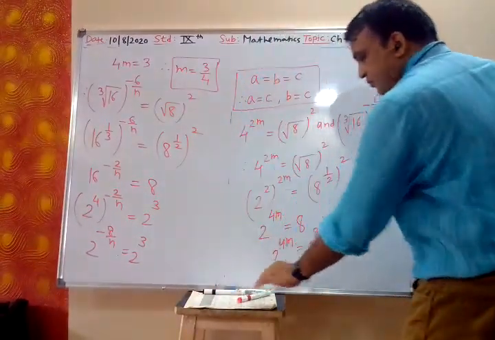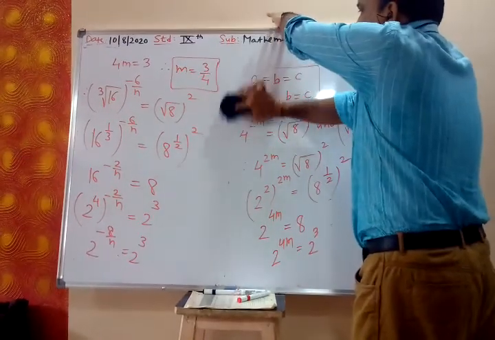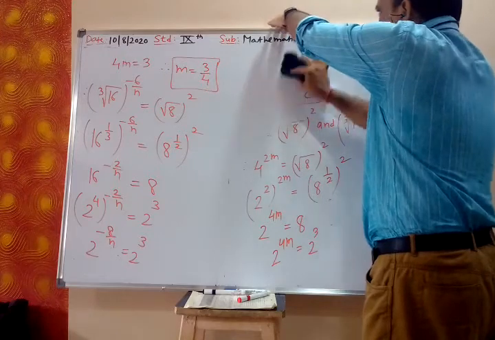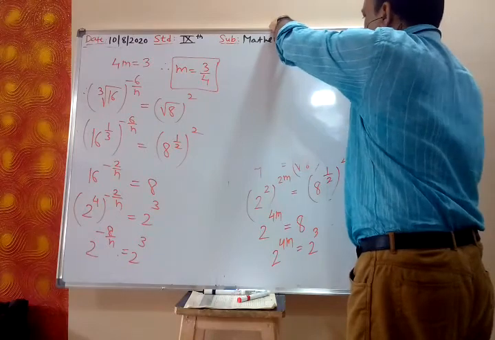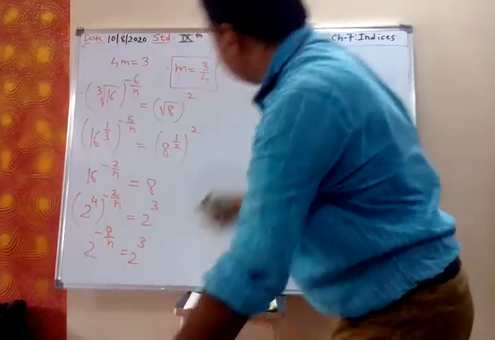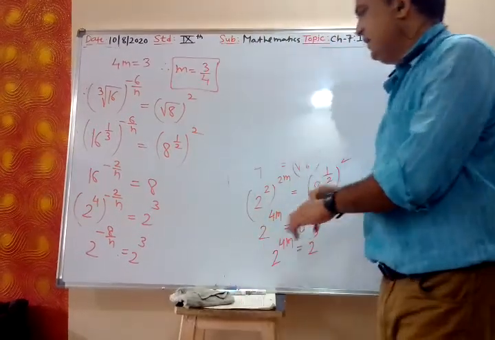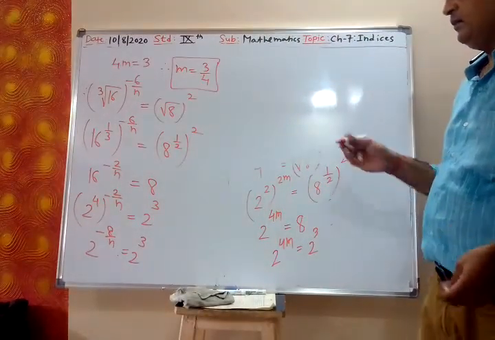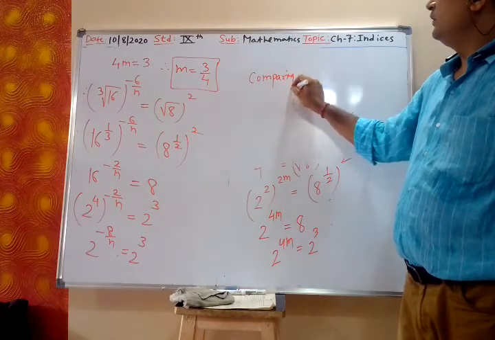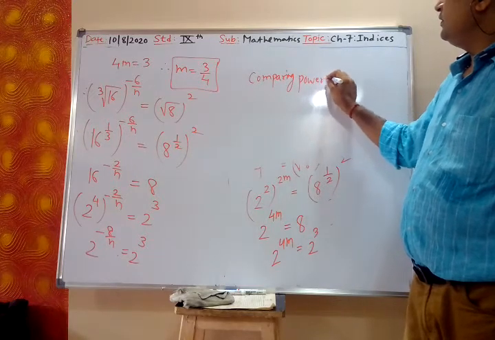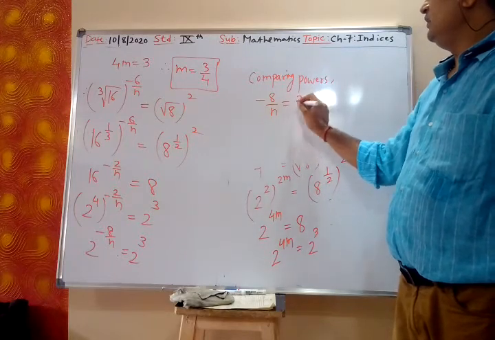Now the base is same, so we compare the power. Comparing powers, you will get minus 8 by n is equal to 3.